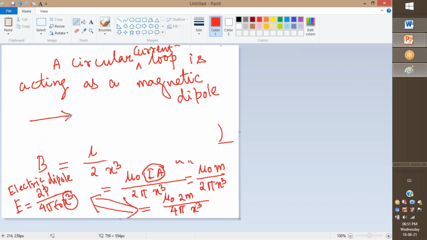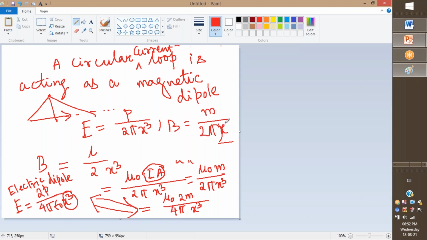It will create a magnetic field on the axis at any point, mu naught by 4 pi into 2m by x cube, and for any point on the perpendicular bisector, from the analogy, for electric dipole we have p by 4 pi epsilon naught x cube, so in this case also we get B as mu naught m by 4 pi x cube.